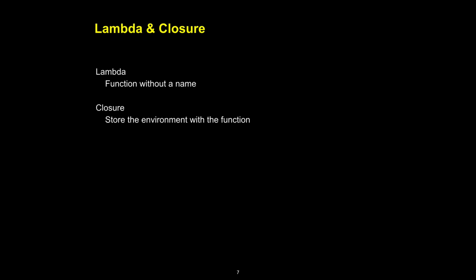That's it. So in Java, when you declare a method, it's public and then return type and then the name of the method, right? And in Python, it's def and then the name of the method, right? And so lambdas, that name goes away. We don't give the name. Closures, a closure will capture the environment that function is defined in. And we'll see examples of these in a minute.